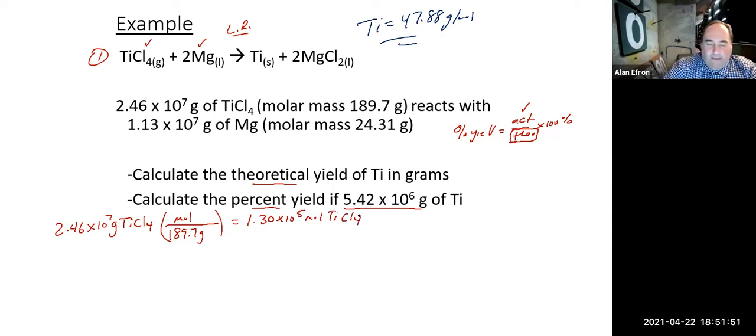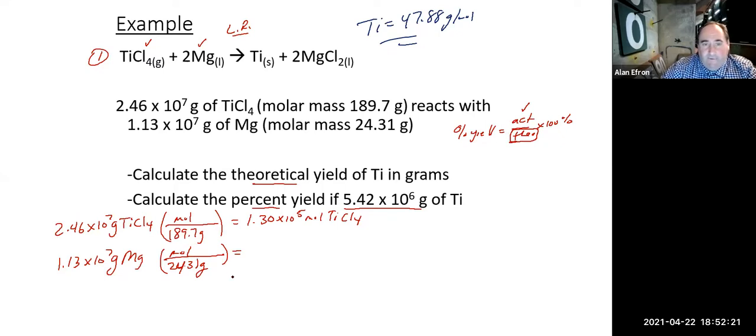We're going to do the same calculation there for our other reagent. So that is going to be 1.13 times 10 to the 7 grams of magnesium. Also from the periodic table is where we get this number, 24.31 grams per mole. Going to get us 1.13 exponent 7 divided by 24.31.